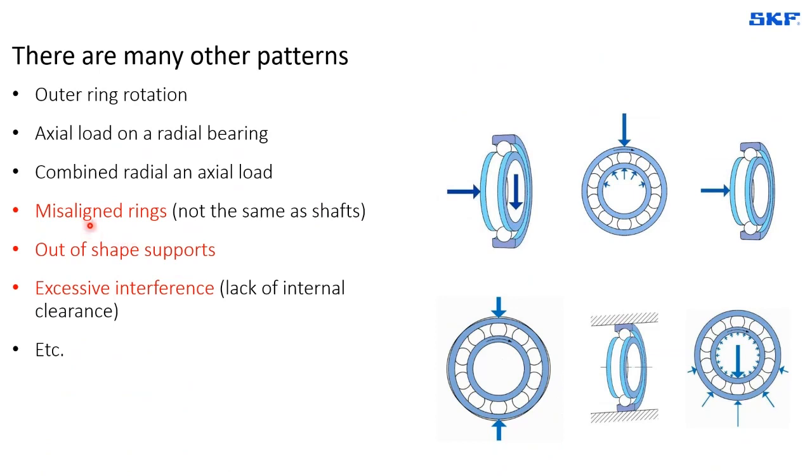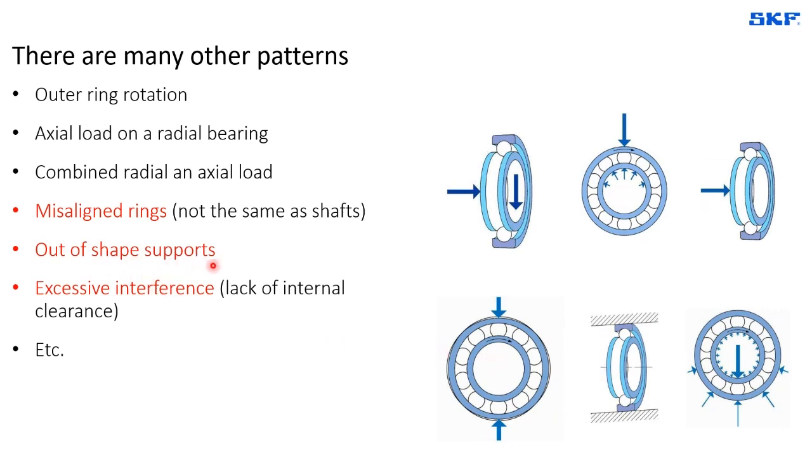Like, for example, if we see misaligned patterns on the raceways of our bearings, it might be an indication that the bearing was not properly installed, that there was some misalignment between the inner ring and the outer ring on a bearing that is not supposed to be exposed to that condition.